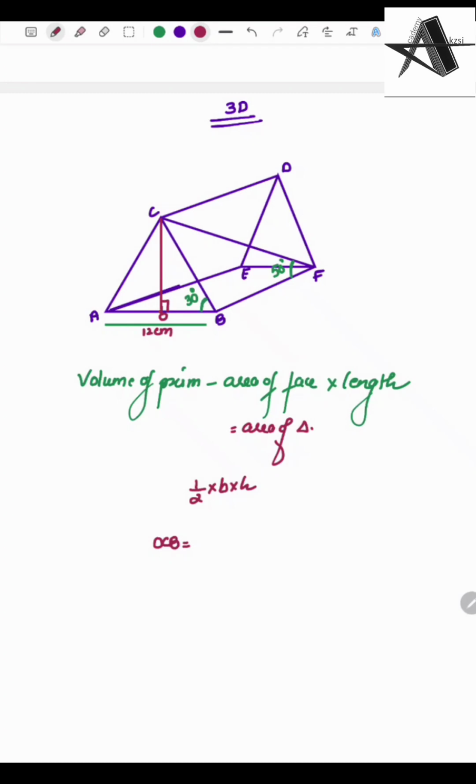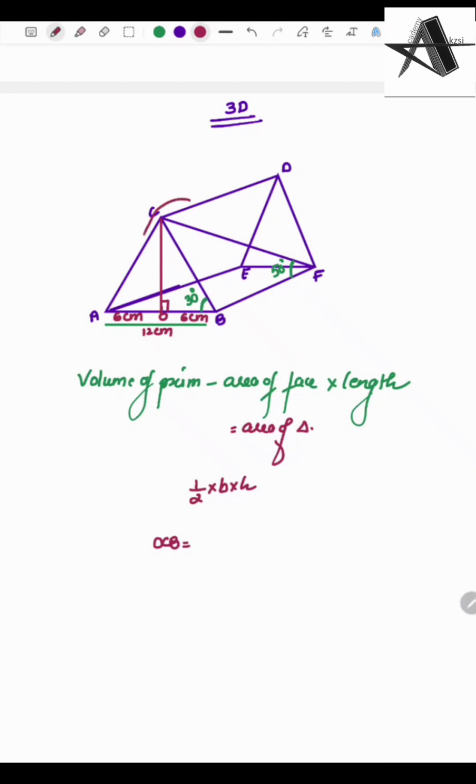Because it's an isosceles triangle, when I draw a perpendicular, that perpendicular is going to be the midpoint as well, like a perpendicular bisector. So this is 6 centimeters and this part is 6 centimeters as well, because the whole AB is given as 12 centimeters. So now each part will become 6 and 6.